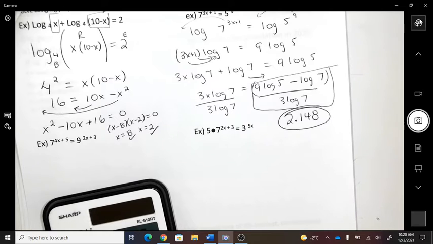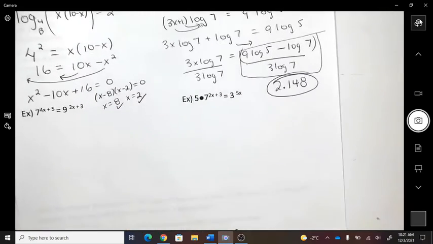Oh, wait, we need to probably do 2 problems. Okay, ready? Let's try the one. Let's go below it. We don't need to do all of these.